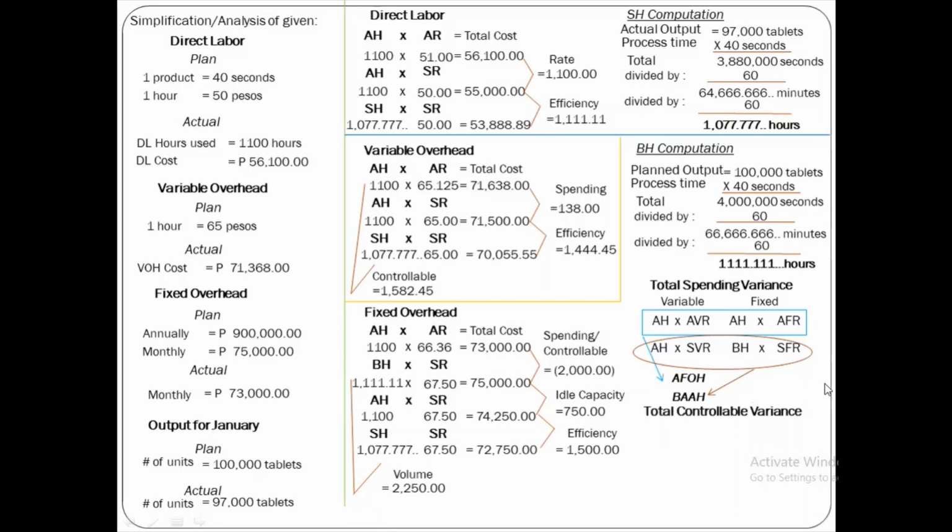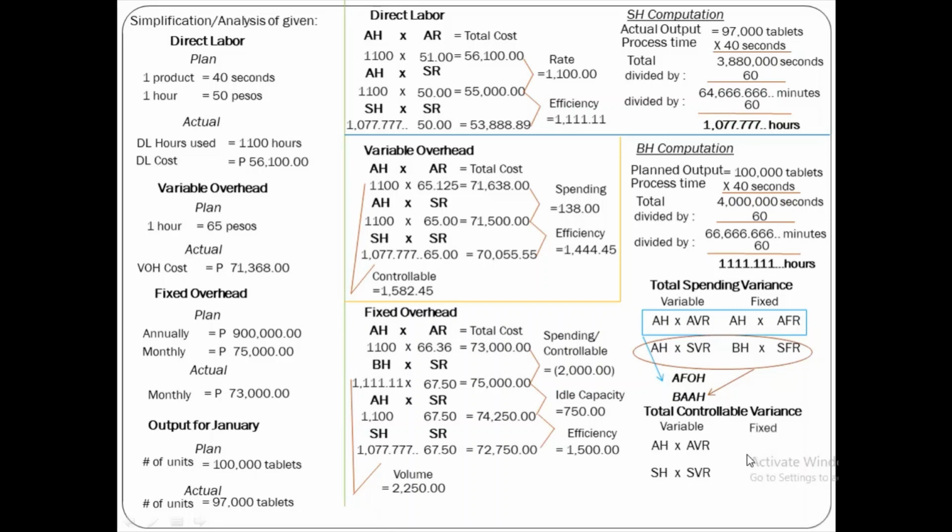Another is when you are asked to compute the total controllable variance. On the variable, we have actual hours times actual variable rate, minus standard hours times standard variable rate.